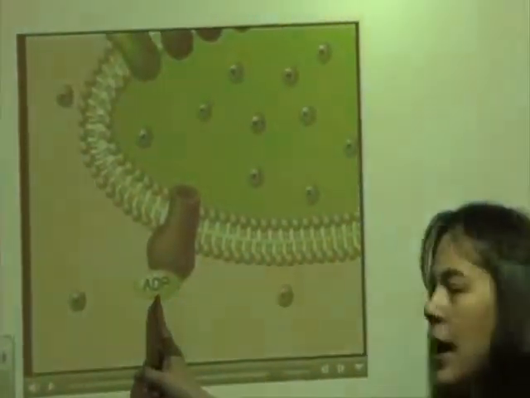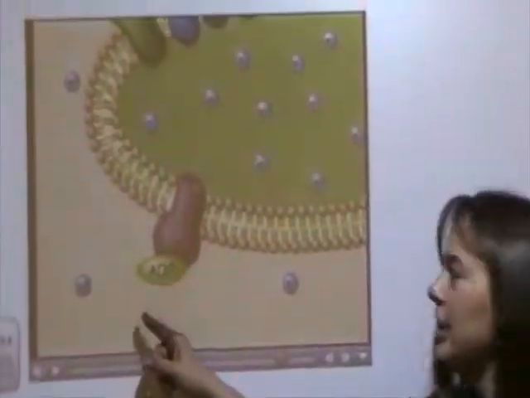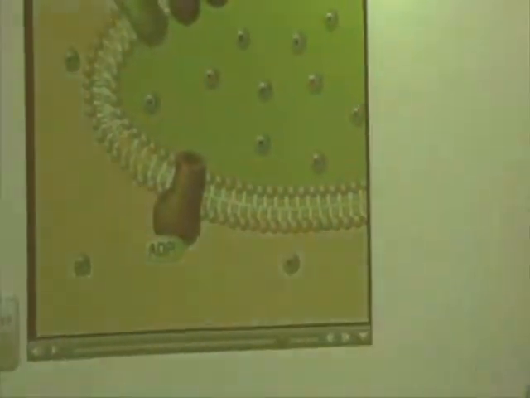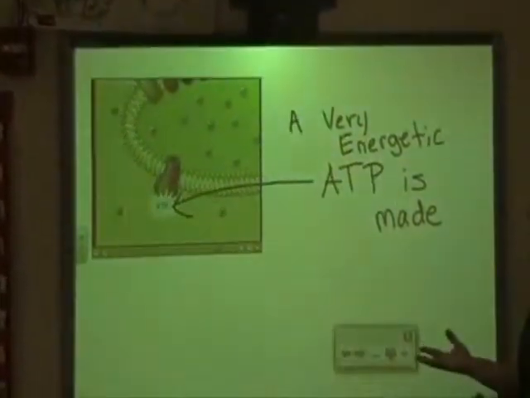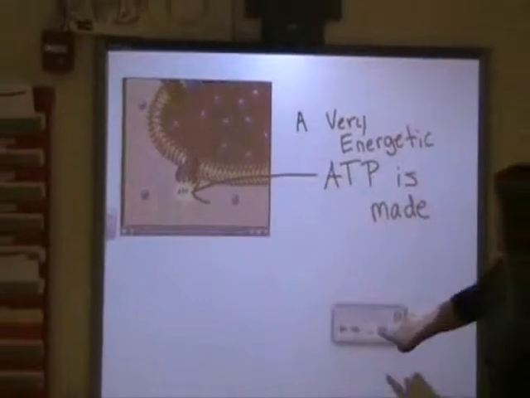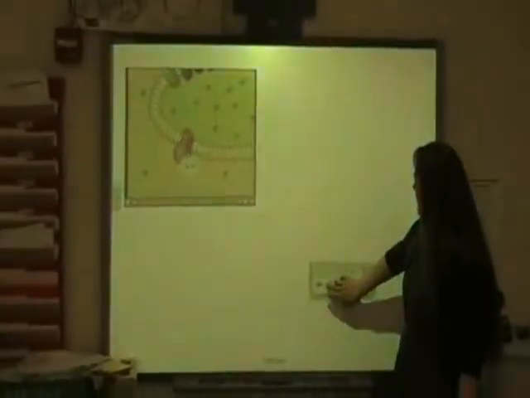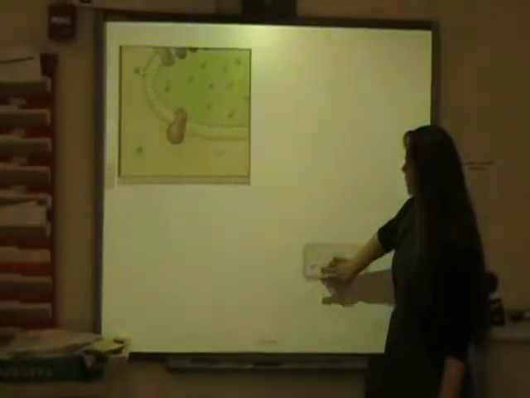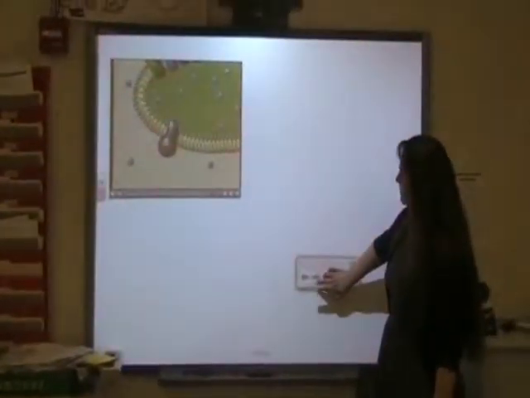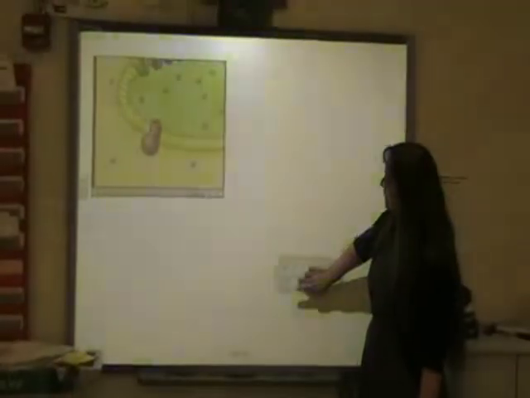So we're taking it at about half charged, and we're going to fully charge it in one fell swoop. So now we have a very energetic ATP molecule, and both ATP and NADPH are ready to help the Calvin cycle make some sugar for the rest of us. You can see that animation.